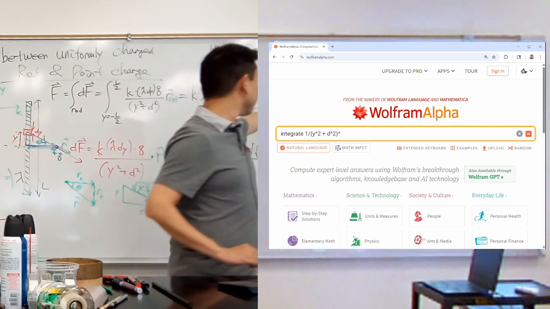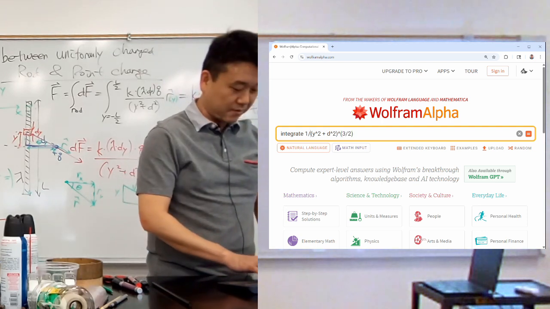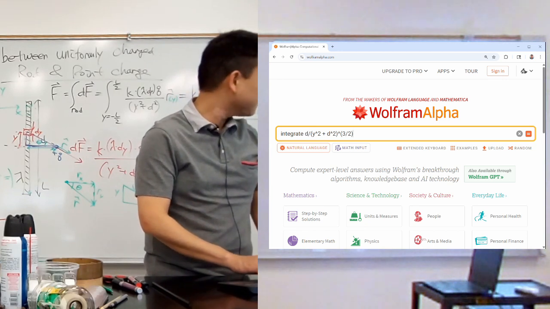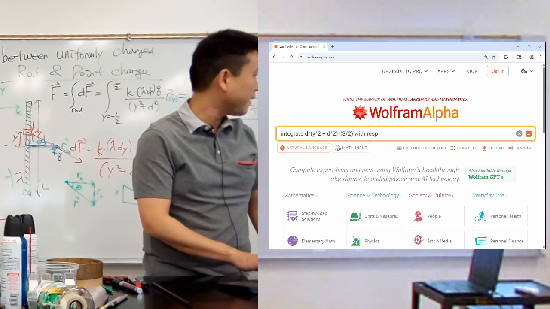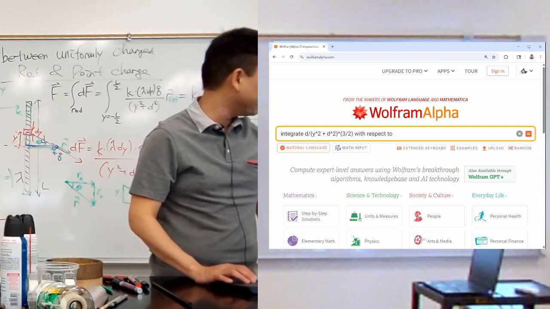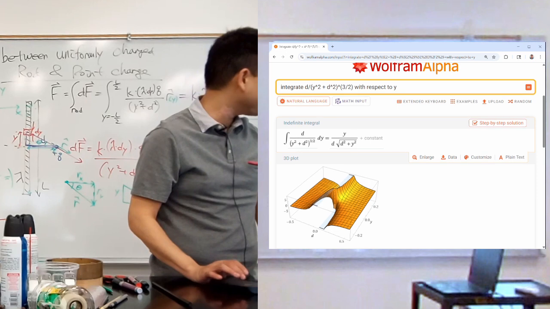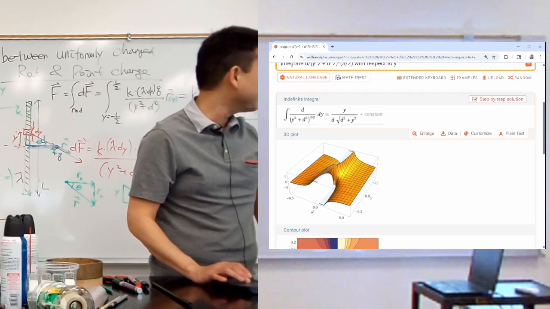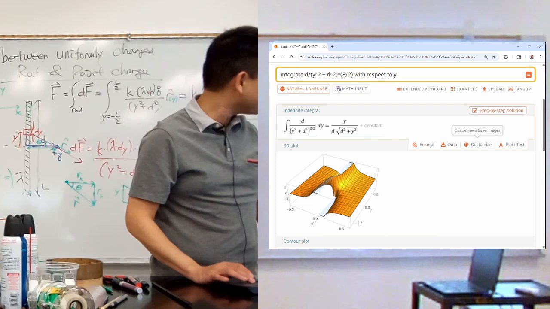And actually there's more, there's the 3 halves here, so let me put in the 3 halves, with respect to y. Wolfram Alpha has a level of natural language processing. So when it processes it and tells you this is how it understood you, make sure it understood you correctly, then all right, that's my answer.